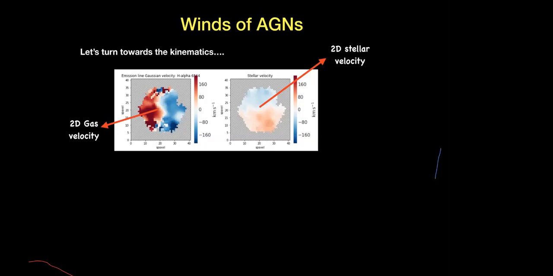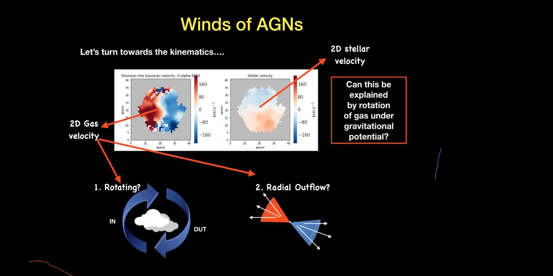Now, to get this pattern of ionized gas velocity, there are two possibilities that can produce this sort of velocity field. One is if the gas is rotating.